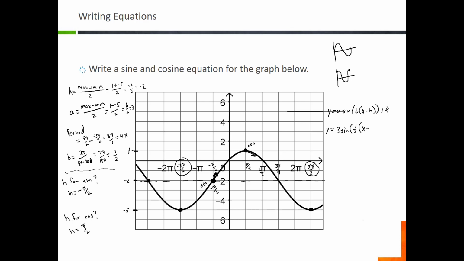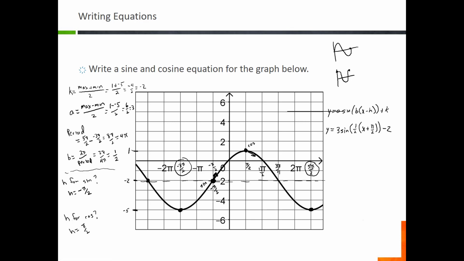For sine, we said h was negative pi over 2. So minus a negative makes it a positive pi over 2, close the parentheses, plus k. We said k was minus 2. So that's the equation that would generate this graph if you use sine.